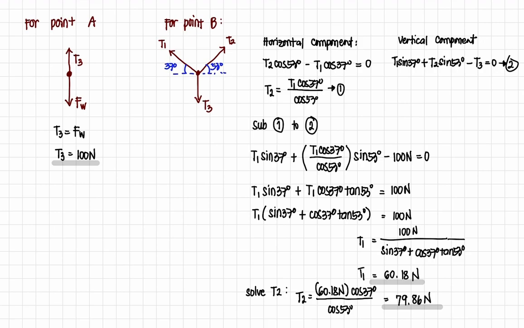So you multiply your answer T2 cosine 53 degrees and your answer T1 cosine 37 degrees. Is it equal to 0? Or T1 sine 37 plus T2 sine 53 minus T3, is it equal to 0? So if both equations are satisfied, it means that our T1 and our T2 are correct. So, and then we also have T3, which is 100 newtons.